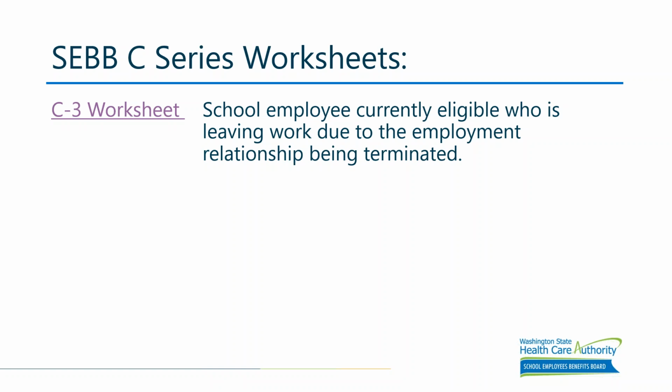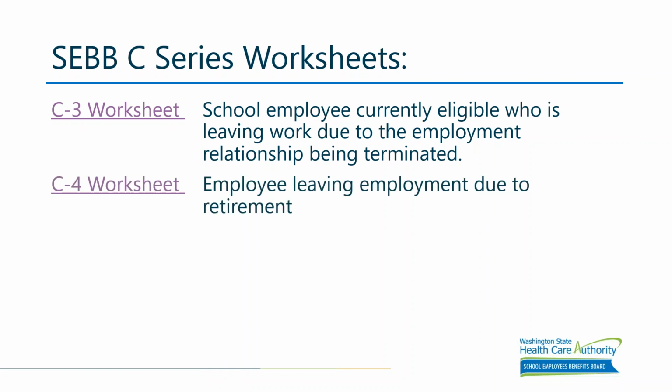So key piece here is the employment relationship is being terminated. The C4 is for employees who are leaving employment due to retirement. And then we have the C5 worksheet for one of those unfortunate circumstances where we may have an employee pass away. So those are the 5 worksheets in this C series.